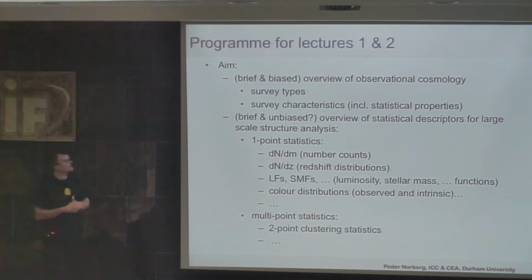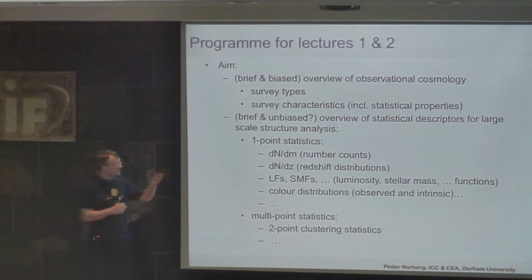So the program for the first couple of lectures is a brief and possibly biased overview of observational cosmology, where I will consider mostly survey types and survey characteristics, including statistical properties of the surveys, because to some level that's how this work is going to be useful from the point of view of simulations. Then a brief and hopefully unbiased overview of statistical descriptors for large-scale structure analysis: the one-point statistics, number counts, redshift distributions, luminosity functions, stellar mass functions.